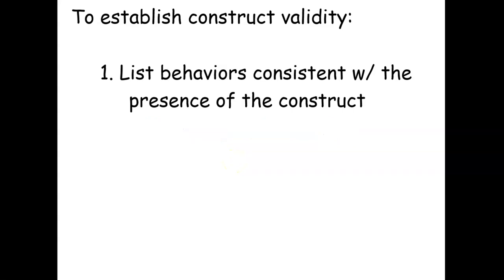So, when we talk about IQ, okay, good problem solving ability, a good memory, a good vocabulary, those would be behaviors that are consistent with the presence of intelligence. If we're looking at the construct of depression, things like crying, feeling hopeless, feeling helpless, low self esteem, those would be behaviors consistent with the presence of that.